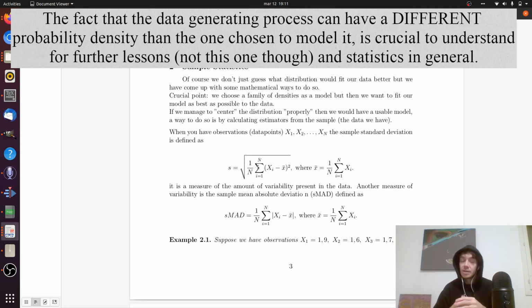So for example, I could choose to utilize a normal distribution to model coin tosses. And that would seem quite a dumb thing to do, but I could do that, and then I could try to fit the normal distribution to single coin tosses.